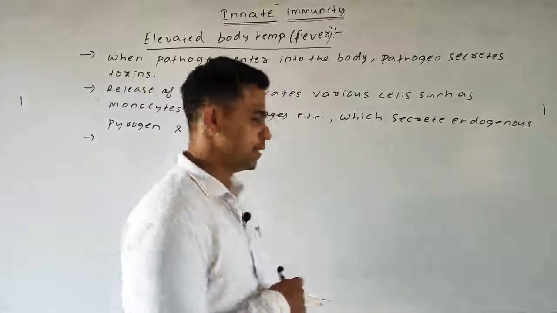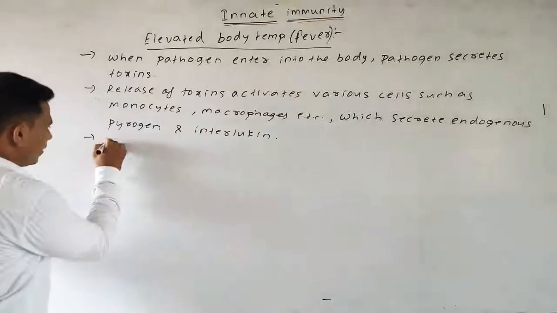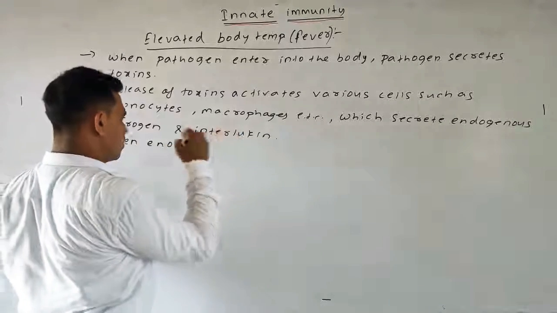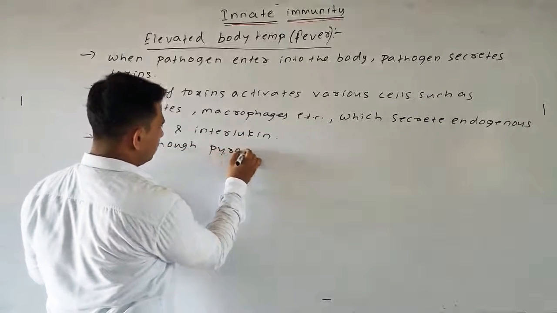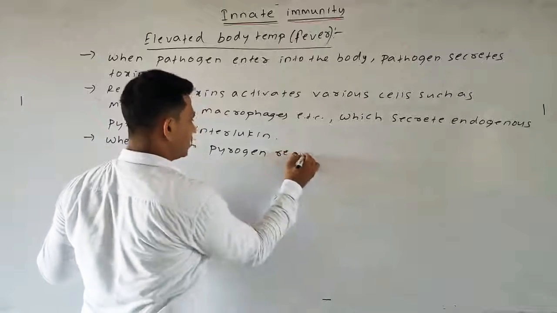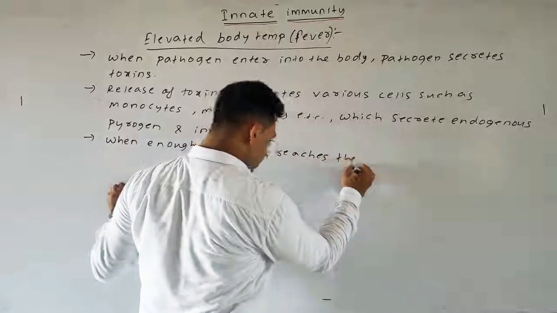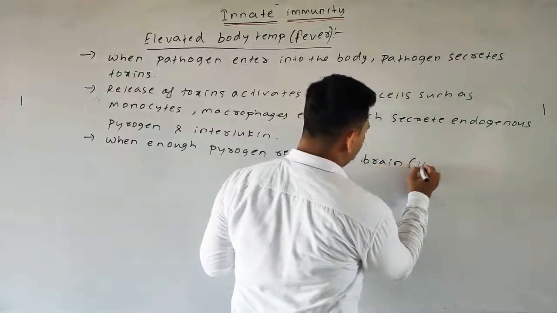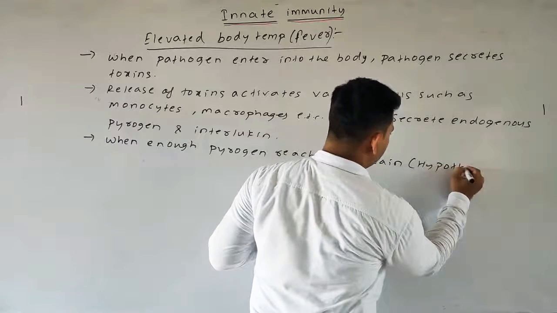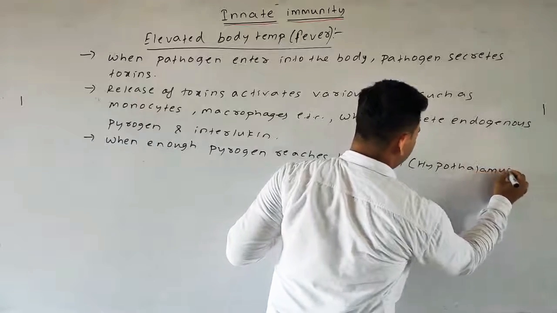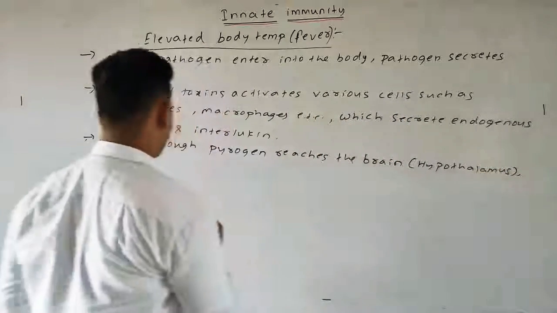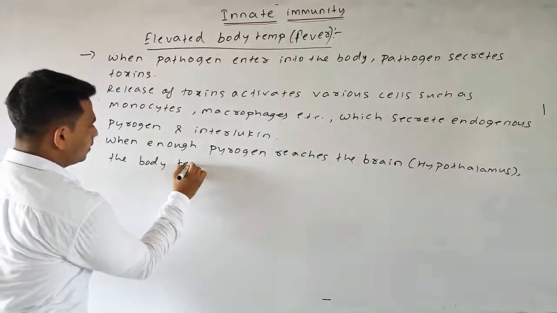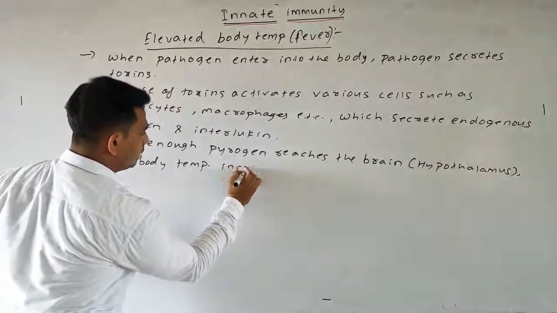When enough pyrogen reaches the brain, specifically the hypothalamus region, the body temperature increases.